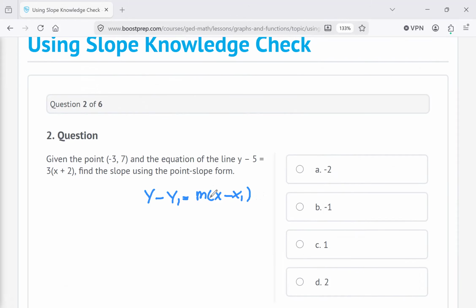I think it tells you everything we need. Let's see. And the equation of line is y minus 5 equals 3, x plus 2.